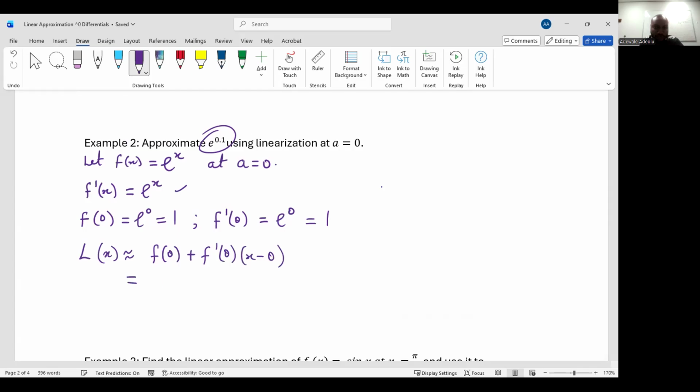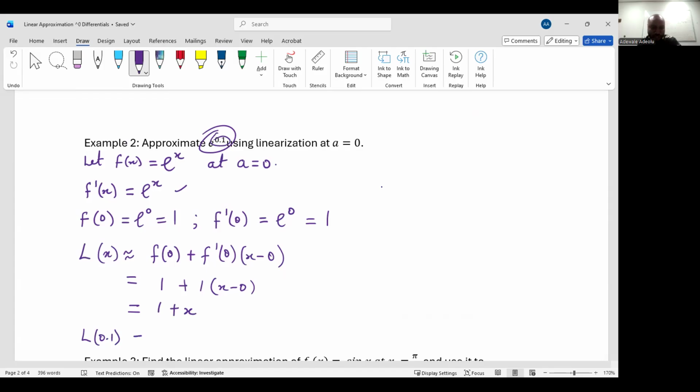So we have f of 0 is 1, plus 1 times x minus 0, so that is 1 plus x. That is the linear approximation of e to the x at a equals 0. Now that we know the function that linearizes e to the x, we can compute L of 0.1 now, right?